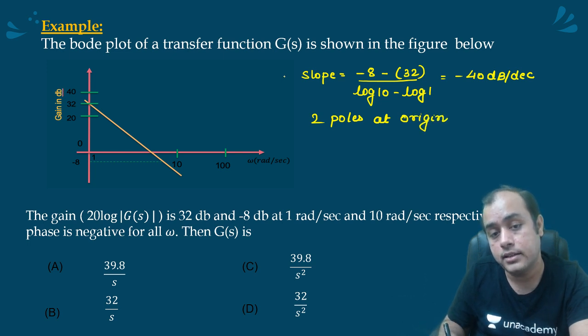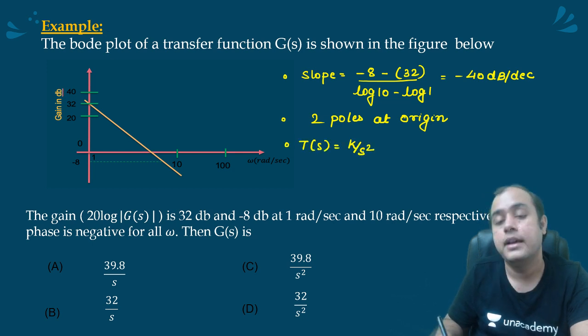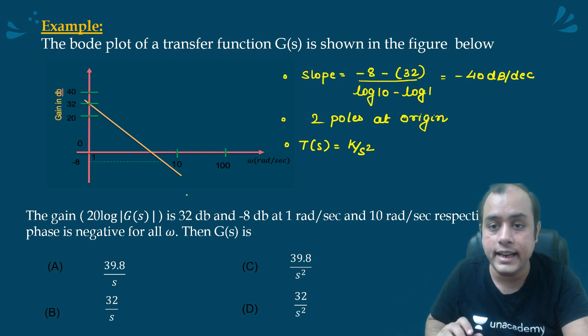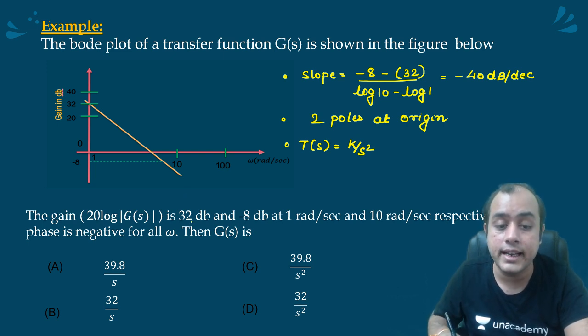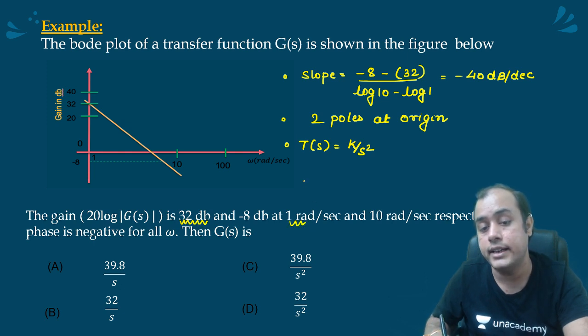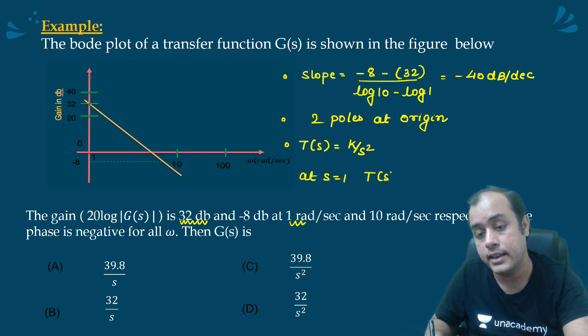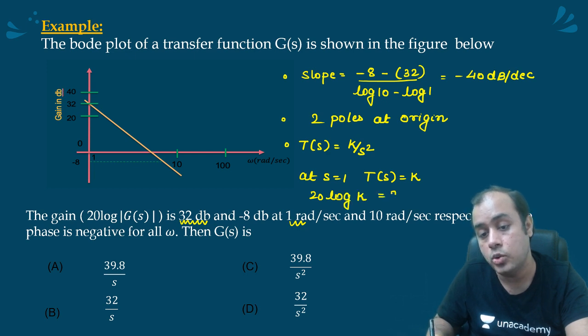So what is the transfer function? It will be k by s square. Now I don't know the value of k, right? I need to calculate it, but I know that the gain is 32 dB at 1 radian per second. At s equal to 1, G(s) is k, and in dB, 20 log k is 32.